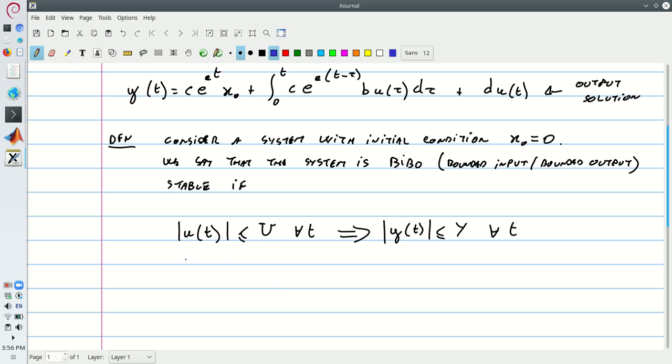What we have here on the left, if this is verified, it means that the input u of t is bounded by capital U at all times.